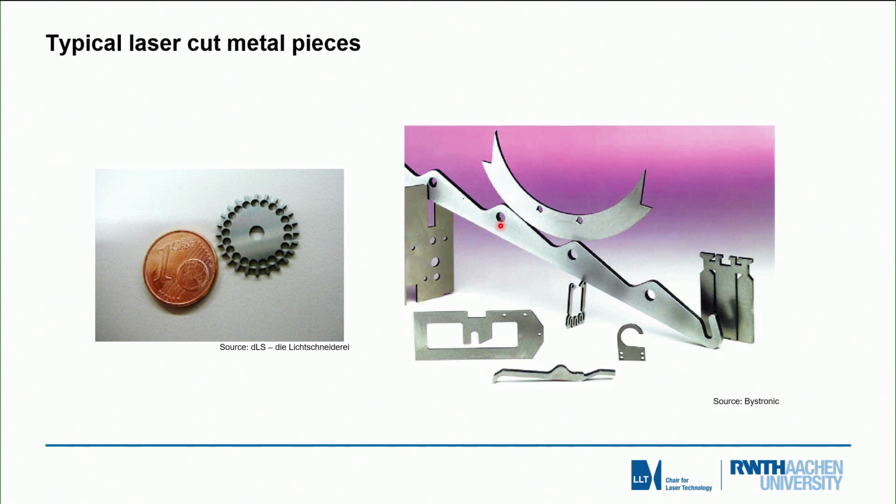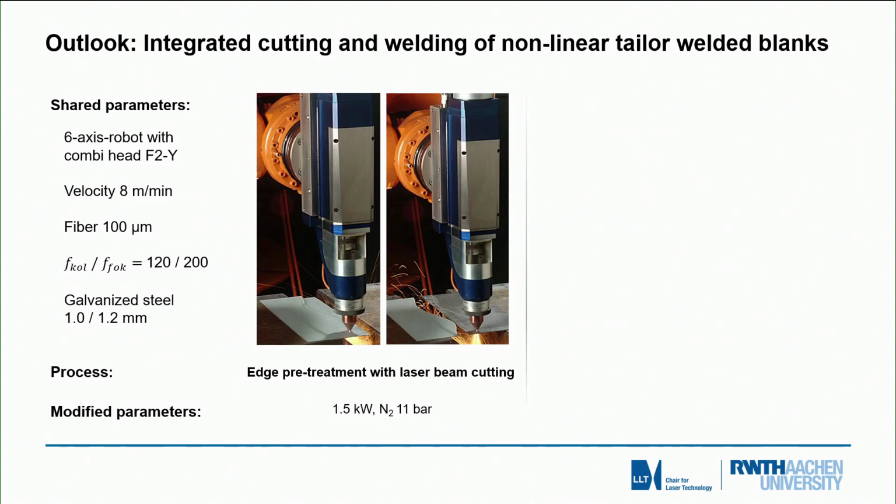As an outlook, the cutting is of course still a very important process, but it also can be combined with other processes in a single machine, in a single system. So we talk about integrated cutting and welding or hybrid laser production systems for specific applications.